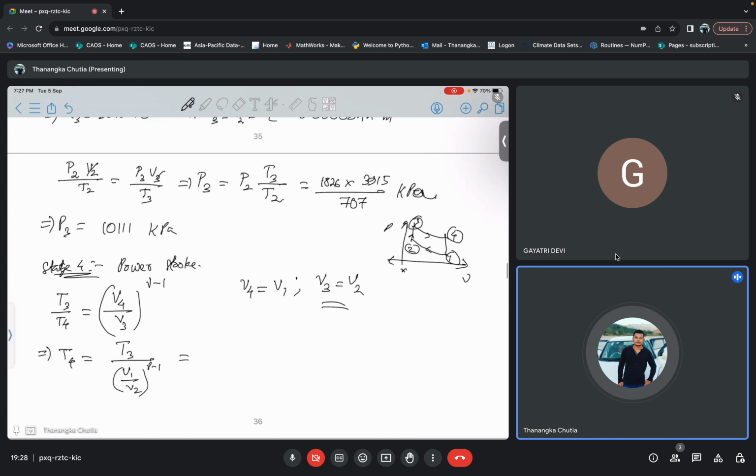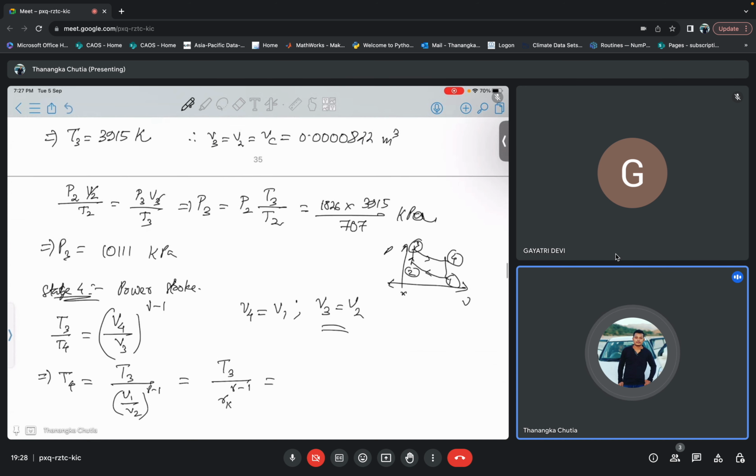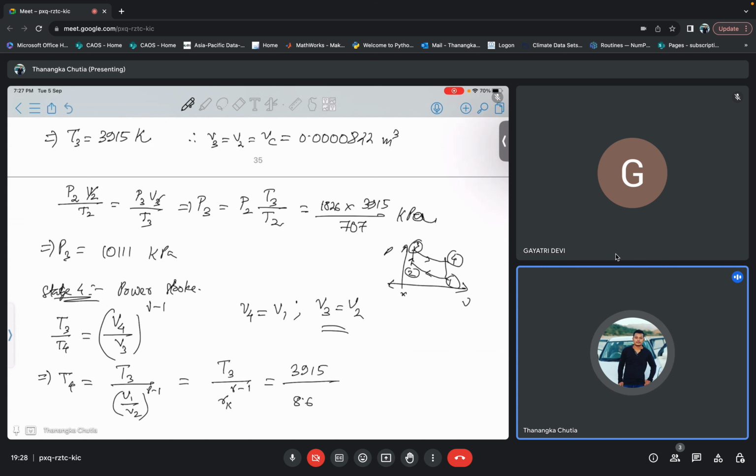And what is V1 by V2? It's nothing but the compression ratio rk, so that is rk to the power gamma minus 1. Now we have already got the value of T3 as 3915, rk is 8.6 and gamma is 1.35, so this will be 0.35. You put these values, you will get T4 as approximately 1844 Kelvin.